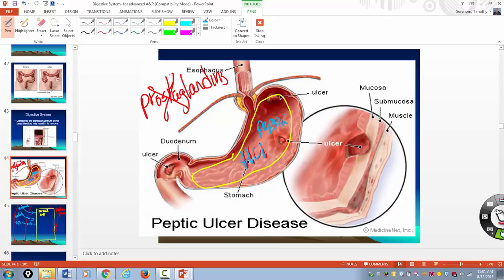Now, look, the GI tract is vascular. So if you develop an ulcer and the erosion is enough where it starts getting into and eroding blood vessels, you are going to bleed into your GI tract. So you're going to have red blood cells in your GI tract.